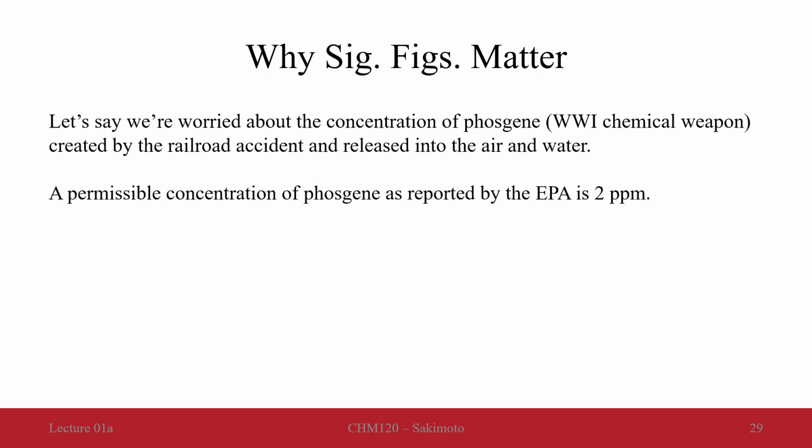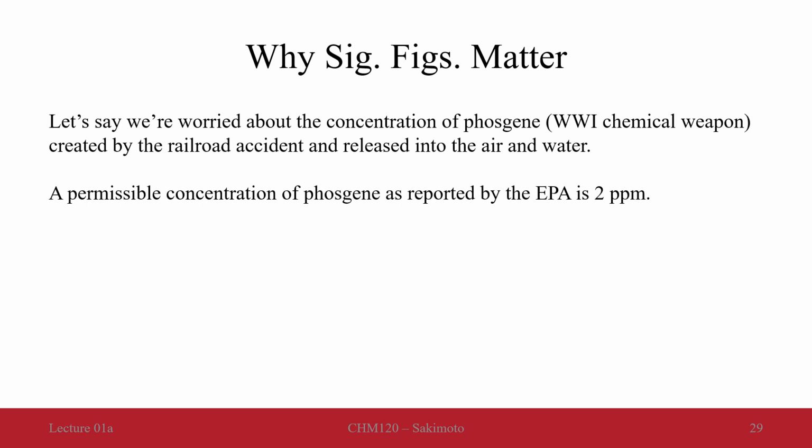The EPA, the Environmental Protection Agency, which is tasked with safeguarding our health, knows a lot about this compound and understands how much of a chemical is a hazardous amount. The concentration, or how much of this molecule per volume of air is permissible, is reported as 2 ppm, ppm standing for the concentration unit of parts per million.